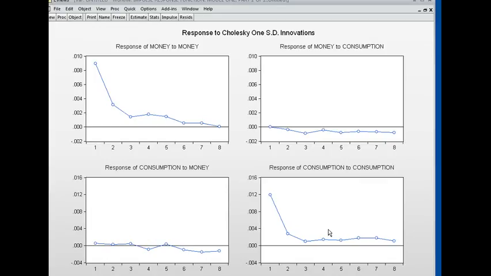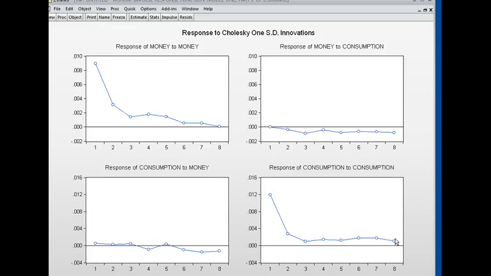What about the last one? Response of consumption to consumption. That means reacting to its own. With one standard deviation shock to consumption, the consumption will go down, but it becomes steady.